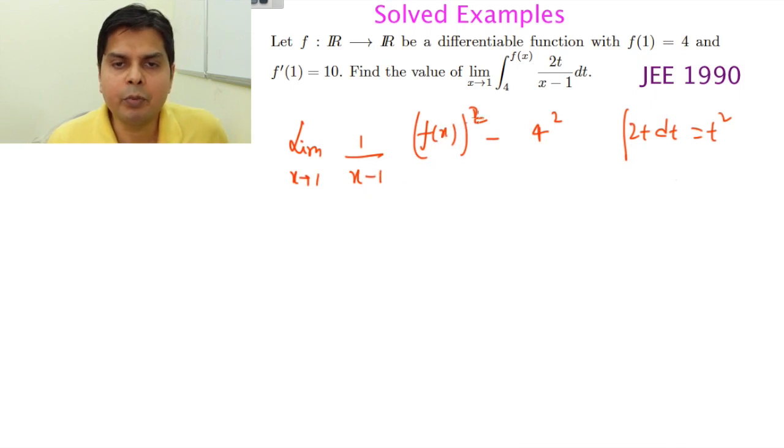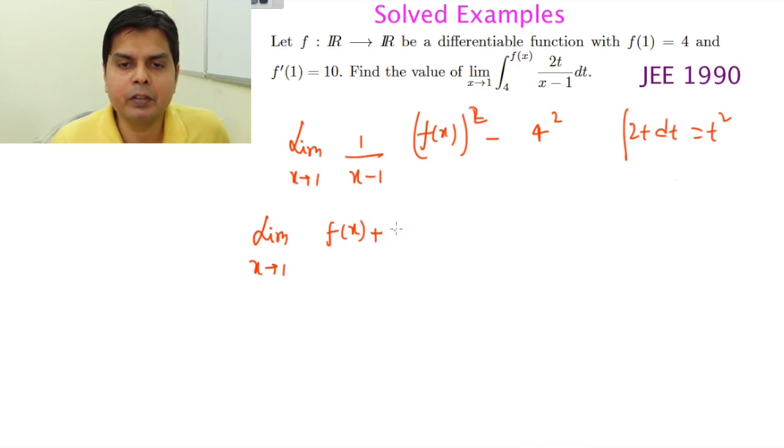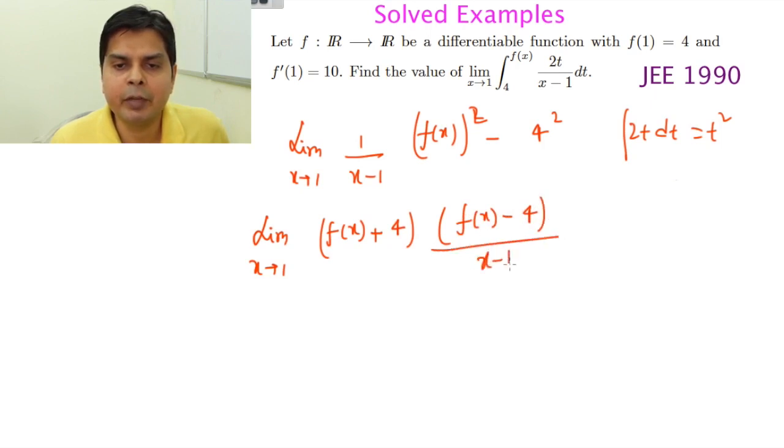Using the formula a square minus b square is equal to a plus b into a minus b, I can write this as limit x tends to 1, f(x) plus 4 into f(x) minus 4, divided by x minus 1. Now f(x) plus 4, when x tends to 1, will become f(1) plus 4.